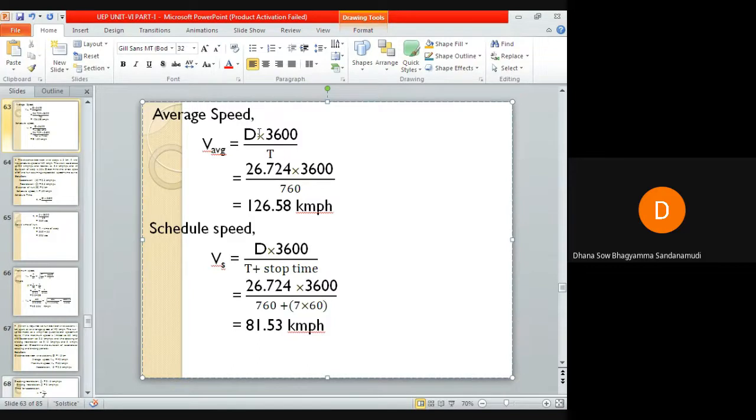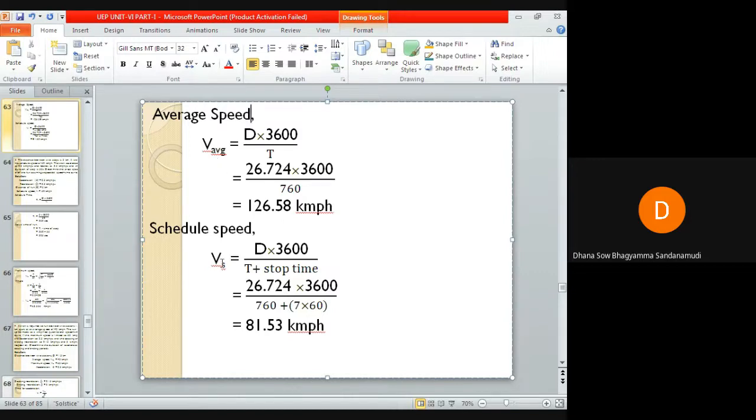So d is 26.724 into 3600 by 760. You will get 126.58 kilometers per hour average speed.